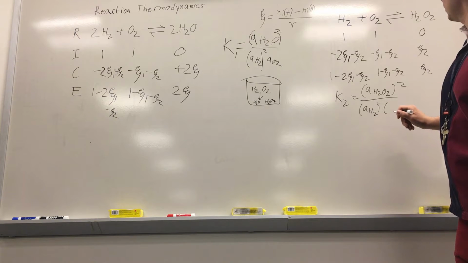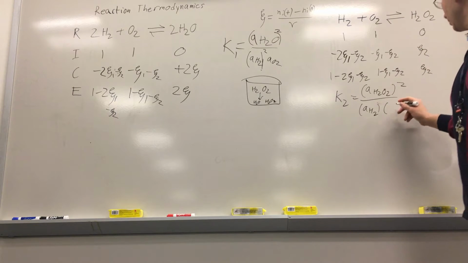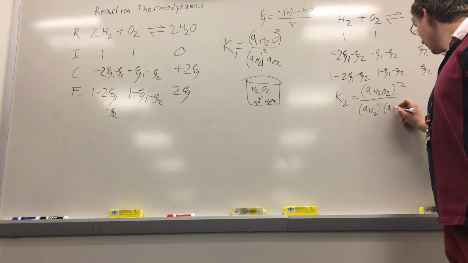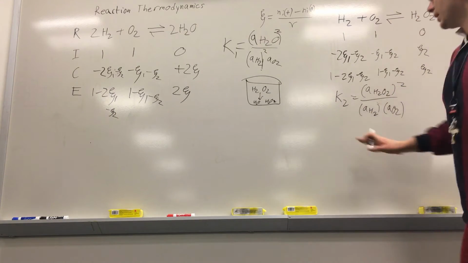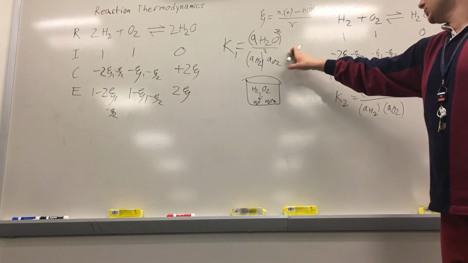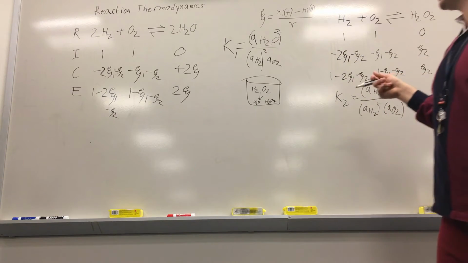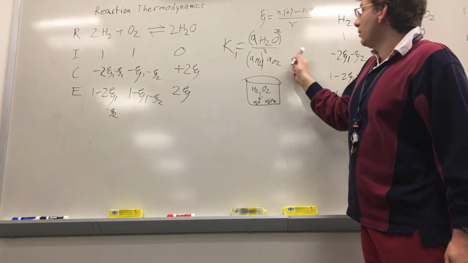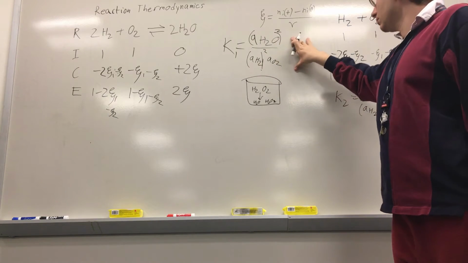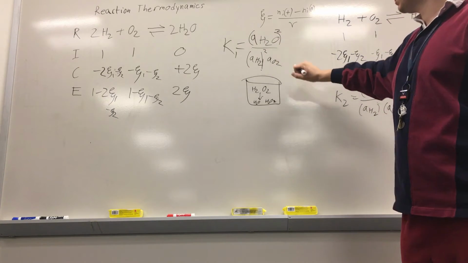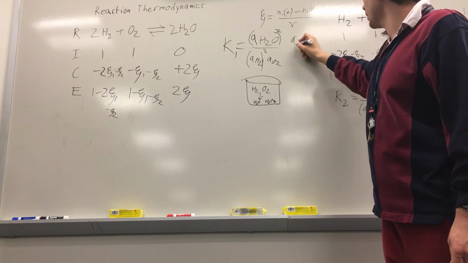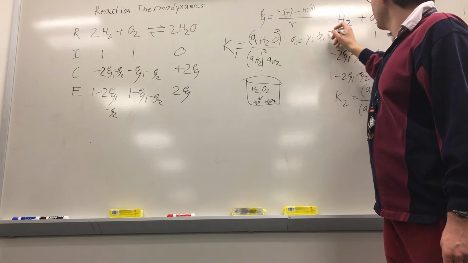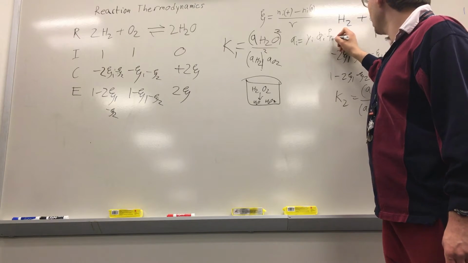Oh no, I did that right. Phew, almost made a mistake on live video. That would be terrible. So now that we have these two expressions, you can just simplify them like we did when there was just one K equation. So just like a_i is equal to y_i, if you get the coefficient i, P over P naught.